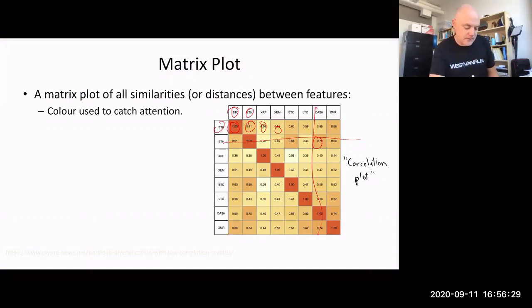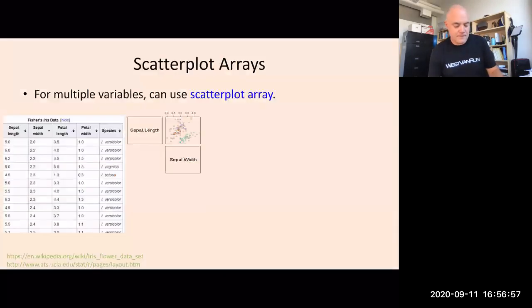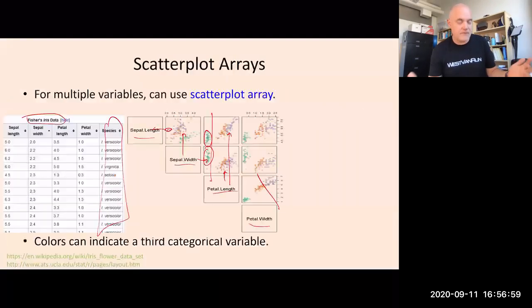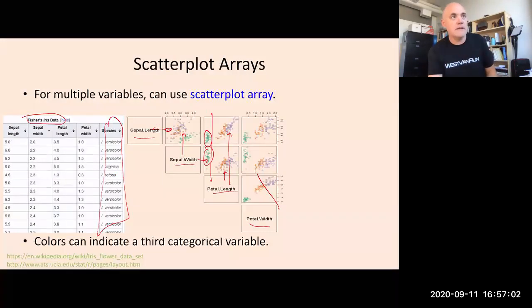So this is a summary statistic that says, is the feature column LTC versus the feature column XEM, whatever these happen to be, are the values in those two columns correlated? So you just take the column XEM and the column LTC and compute the correlation between them, and that's the number that goes right here. Okay? That's quite different than the scatter plot array, which is feature versus feature for all pairs of features.